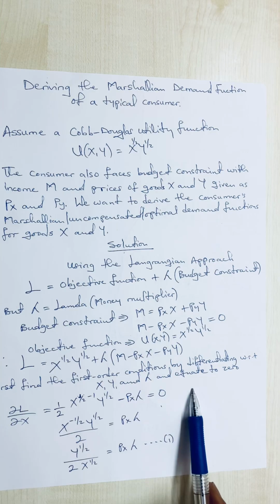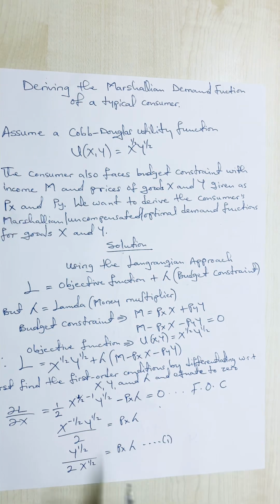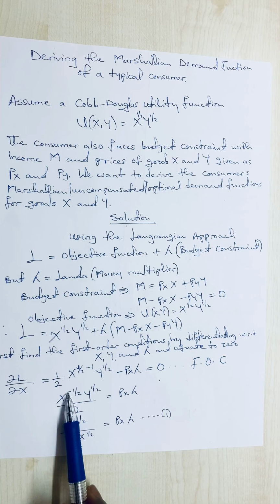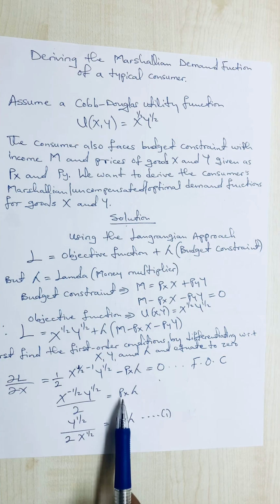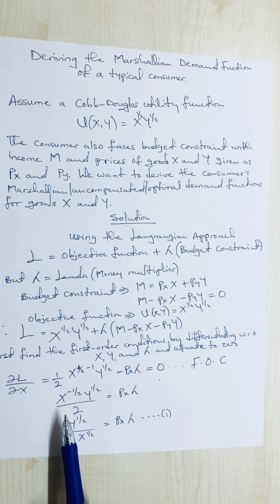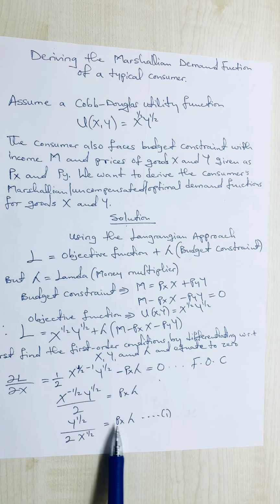This is the first order condition, FOC. We can also solve this: x to the half minus 1 is x to the minus half, y^(1/2) all divided by 2 is equal to PX lambda. By the rule of algebra, x to the minus half can be written as 1 over x^(1/2). So we get y^(1/2) over 2x^(1/2) equal to PX lambda.